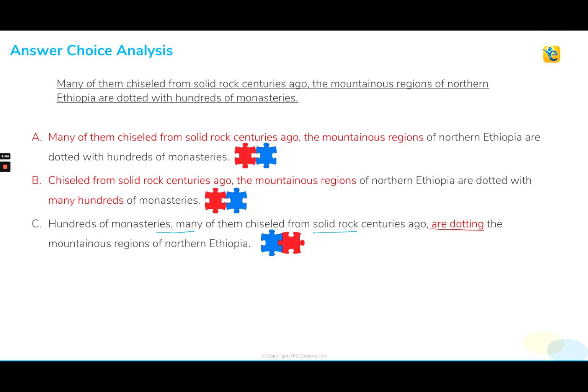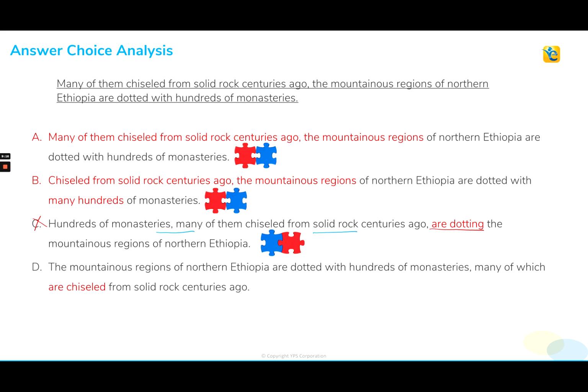So choice C, although one part of the logic works for us, the verb tense used in this sentence definitely is not working. Let's take a look at choice D.